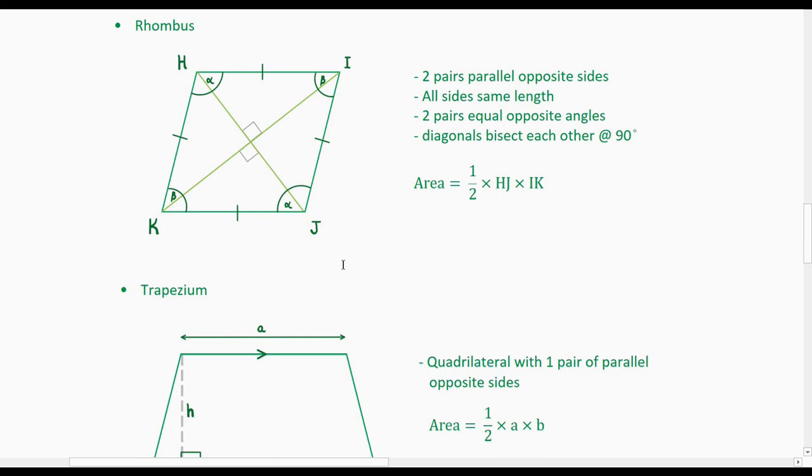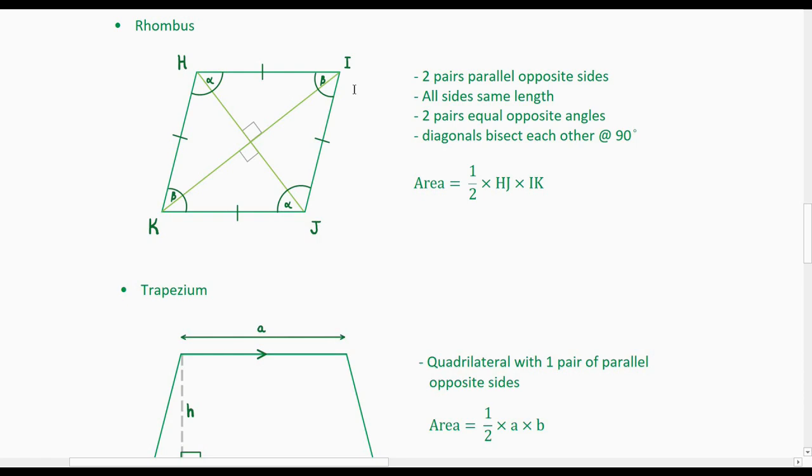And a rhombus is characterized as having two pairs of parallel opposite sides, which is similar to a parallelogram, but the special thing about a rhombus is that all four sides will have the same length. And then, exactly like the parallelogram, a rhombus consists of two pairs of equal opposite angles, again labeled using alpha and beta.